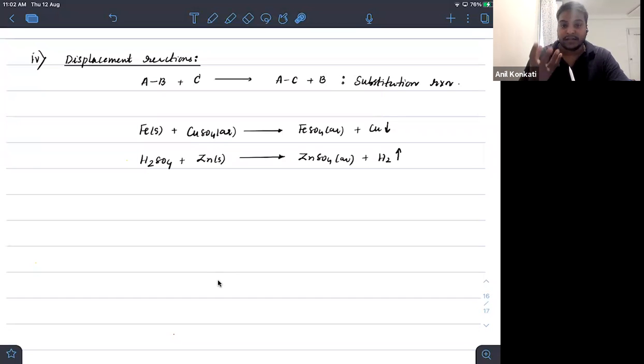That steel or iron will get dissolved and copper will get precipitated. The CuSO4 which was present will get deposited as copper and iron will get dissolved. Clear? Same thing.